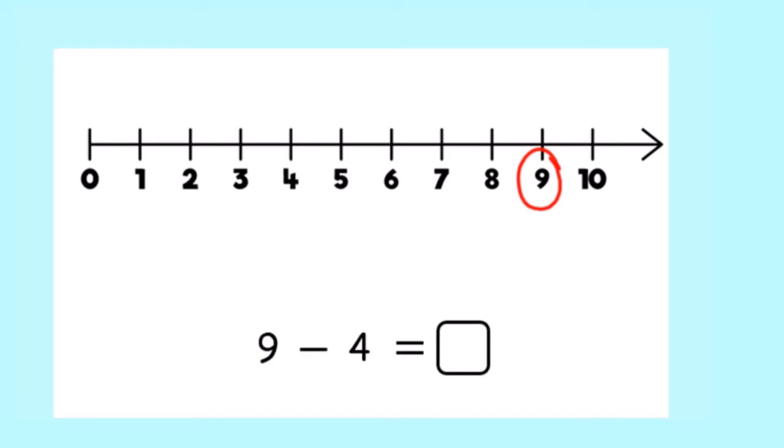So we're doing 4 jumps backwards. 1, 2, 3, 4. Where did I land? I landed on the number 5. So the answer is 5. 9 subtract 4 equals 5.